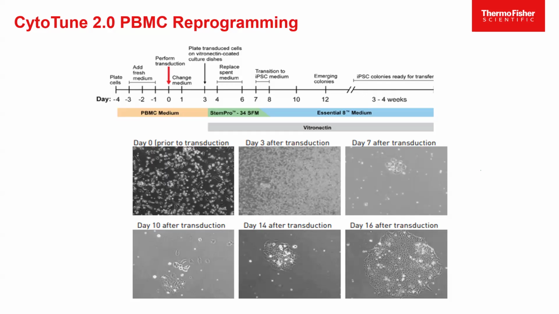Again, don't be surprised if for whatever reason you do not end up getting a clone every single time you reprogram. The reprogramming efficiencies are still relatively low. We'll discuss that in just a second, but they're consistent. So for the most part, you should at least be getting 1 or 2 clones that you could work with potentially.